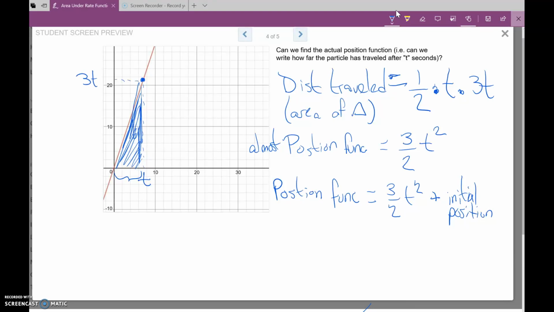And you notice that if you take the derivative of this position function, you actually get the velocity function that we were given. So p prime is 2 times 3/2 times t. These cancel, and you actually get that the velocity function is 3t, which is what we started with. So that's kind of cool.